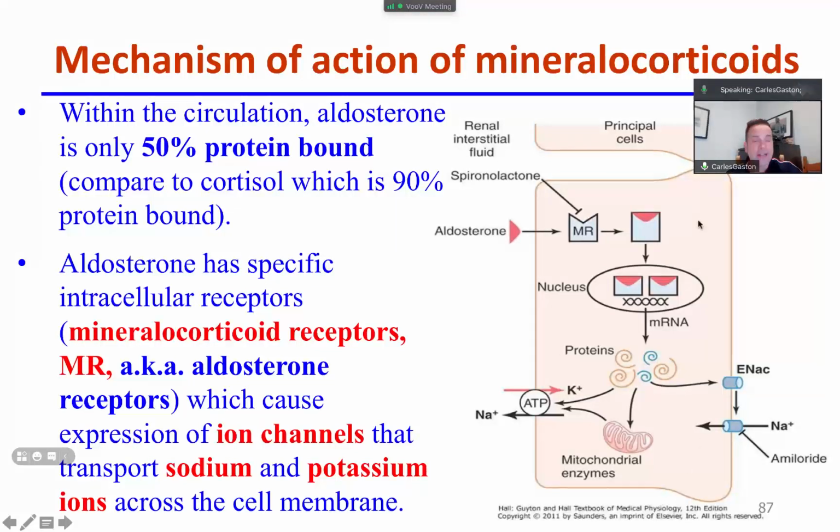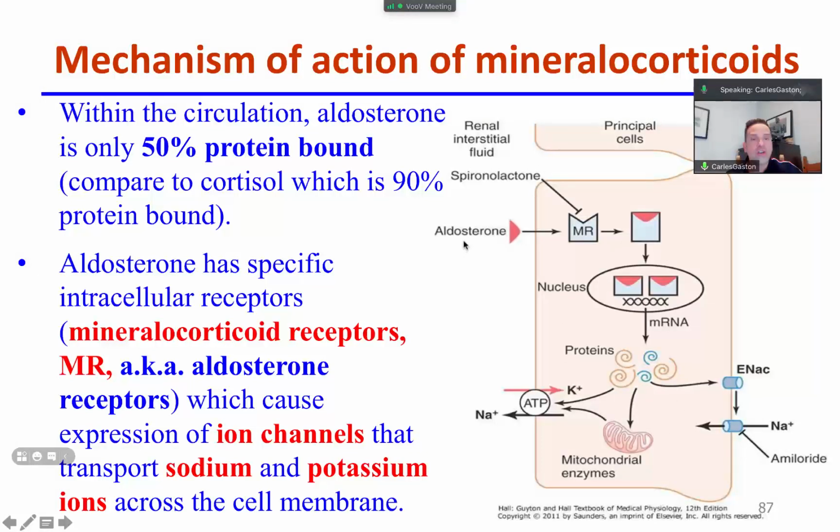Okay, so this is a very easy schematic representation of what is happening in the kidneys. This is the renal interstitial fluid, and those are the principal cells in the kidney.